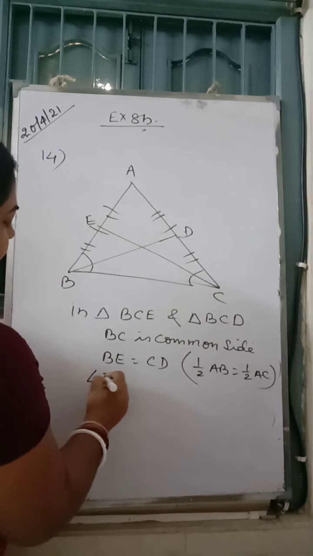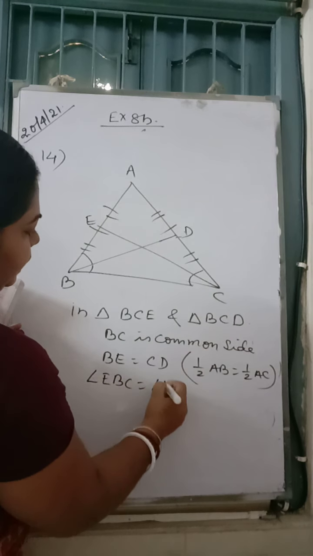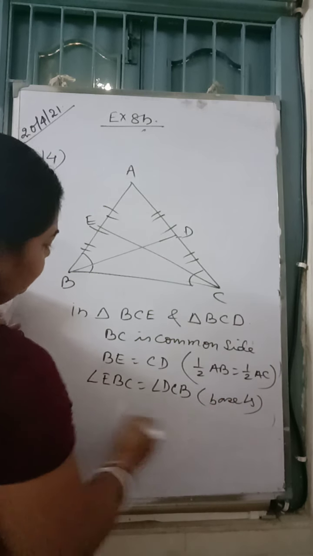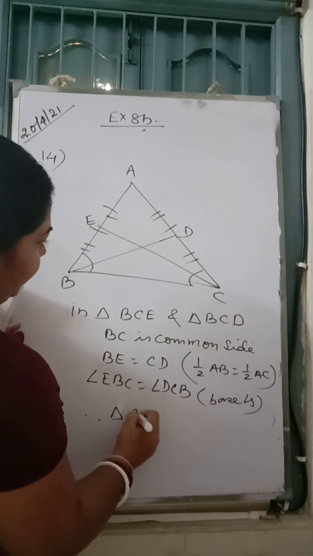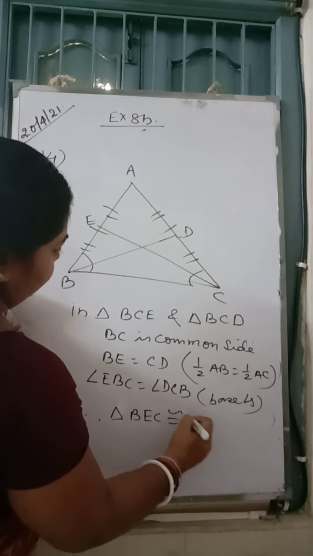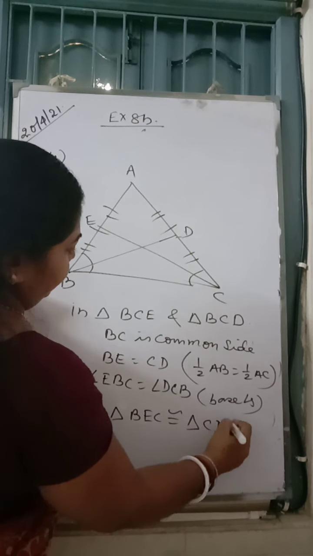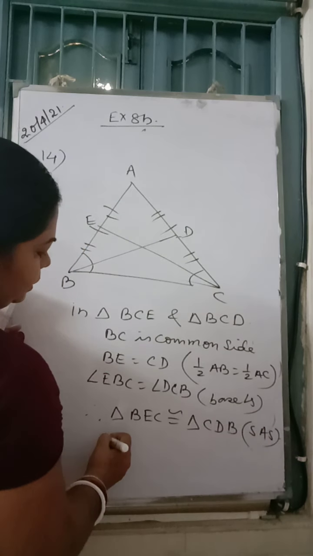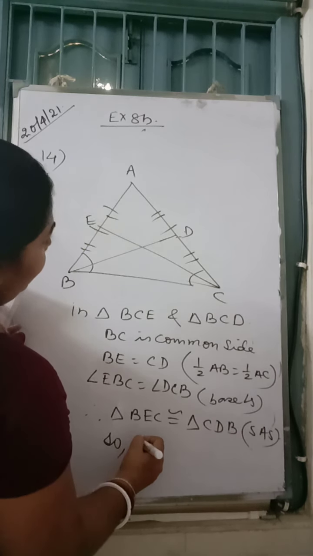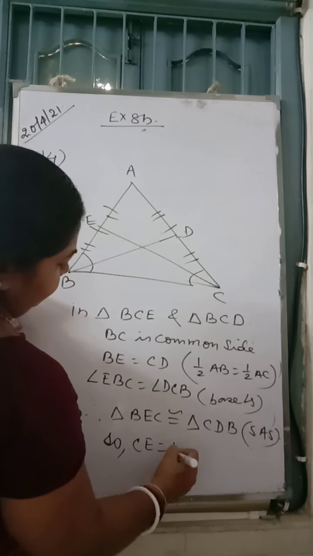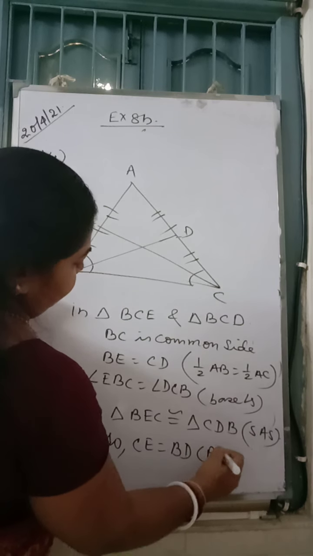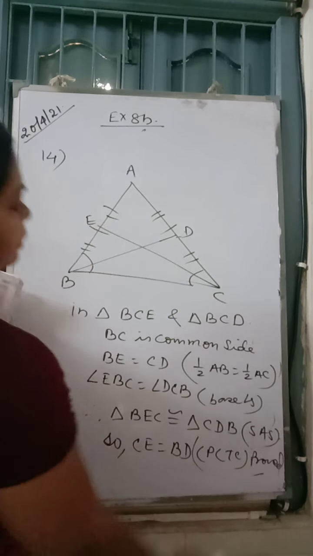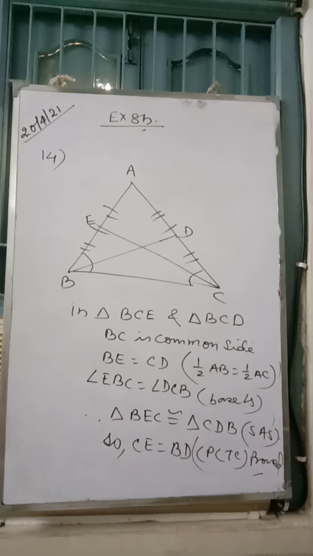And angle EBC is equal to angle DCB, they are the base angles. So triangle BEC is congruent to triangle CDB by SAS. So CE is equal to BD by CPCTC. Proved. That only we have to prove. This is question number 14.